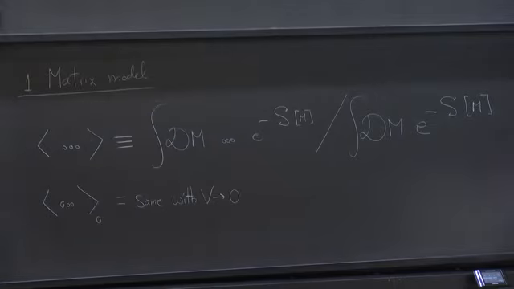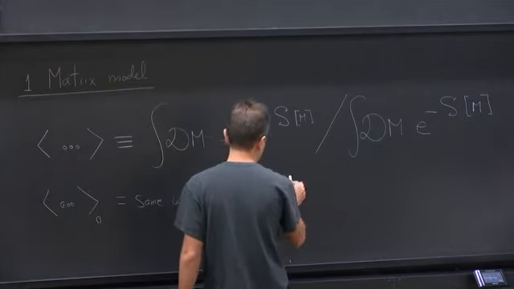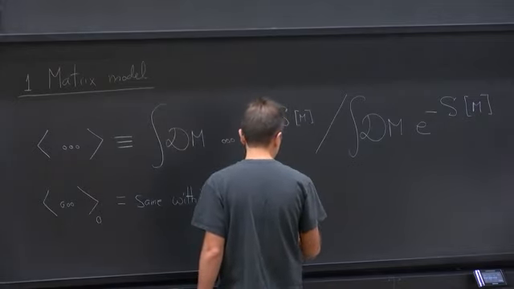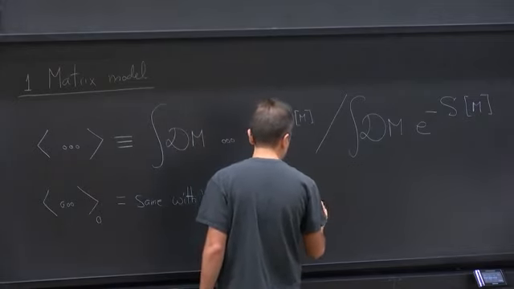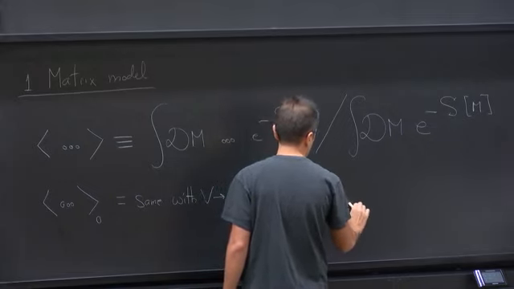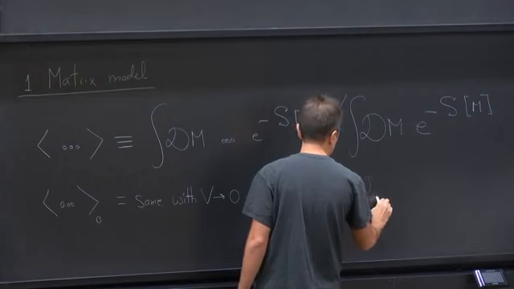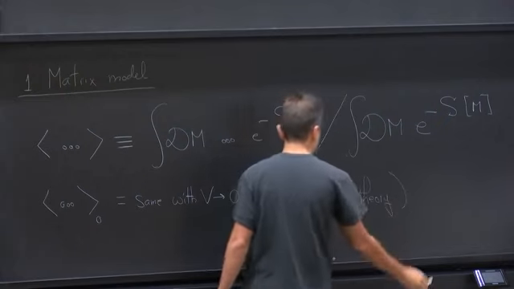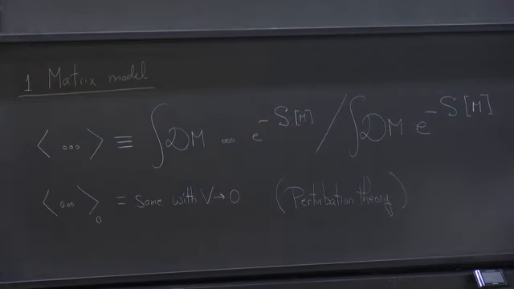In other words, if you want to do perturbation theory, the potential we will treat as a perturbation, bring down, and we'll compute expectation values with this 0 here. So this is what we do. But this is basically what we need if we want to do perturbation theory.